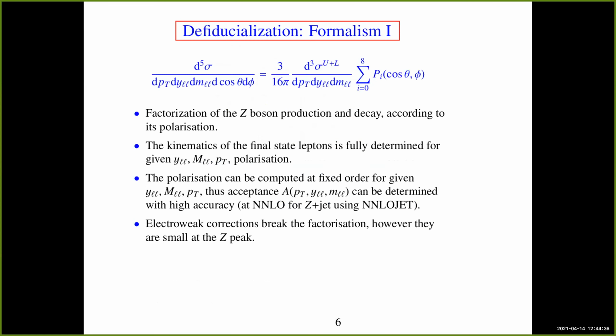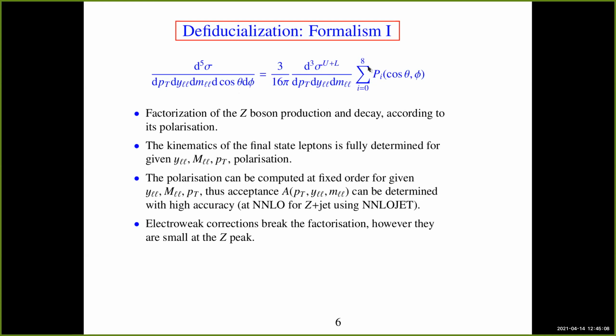The other approach is this defiducialization, and just to give you an idea of what's going on here, it all starts from the factorization of the cross-section in QCD. We have first the production of the Z boson, which decays. In principle, the kinematics of the final state leptons is fully determined given rapidity, invariant mass, PT, and polarization.